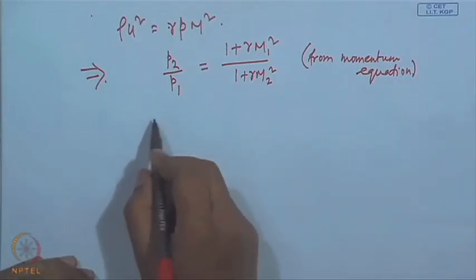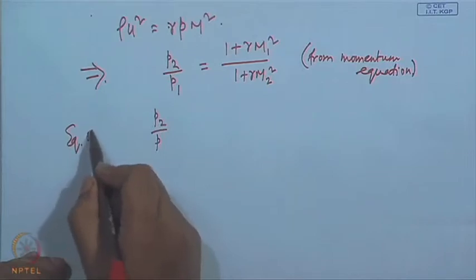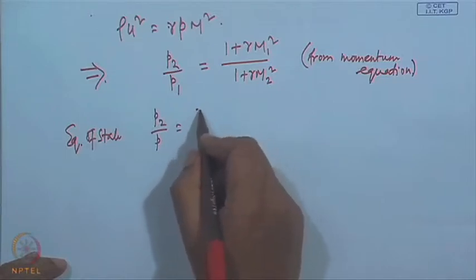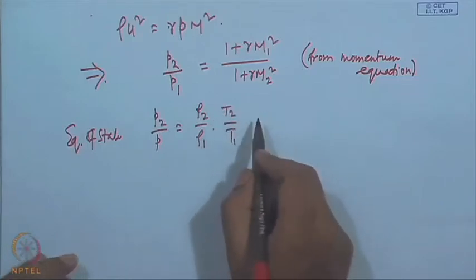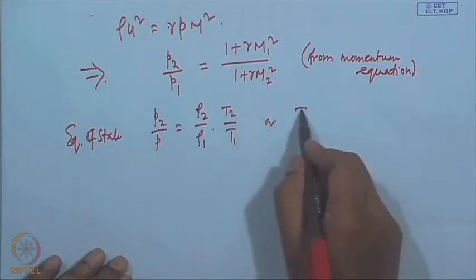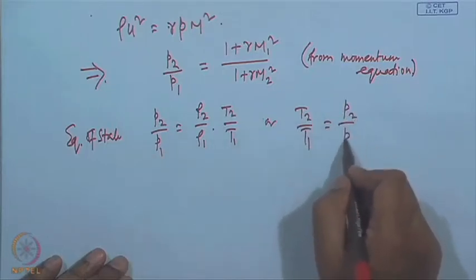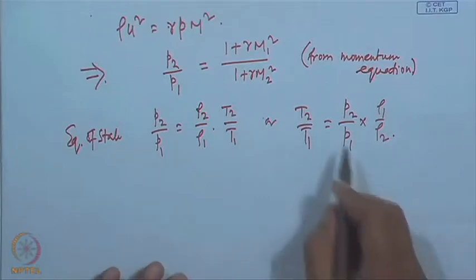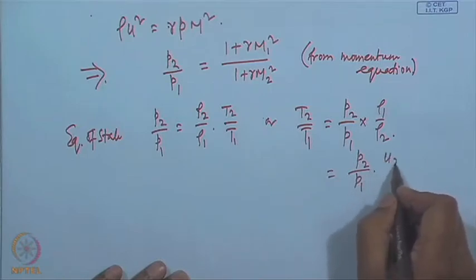The equation of state can also be written as P2 by P1 equal to rho 2 by rho 1 into T2 by T1, or we have T2 by T1 equal to P2 by P1 into rho 1 by rho 2, that is equal to P2 by P1 into U2 by U1.